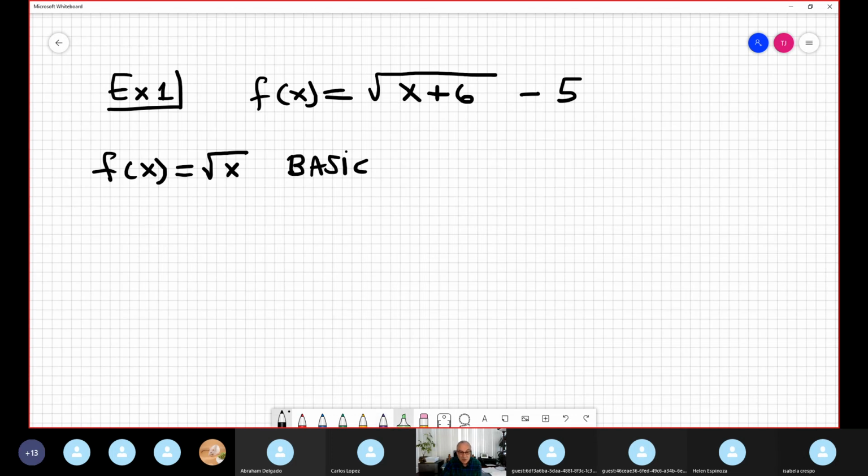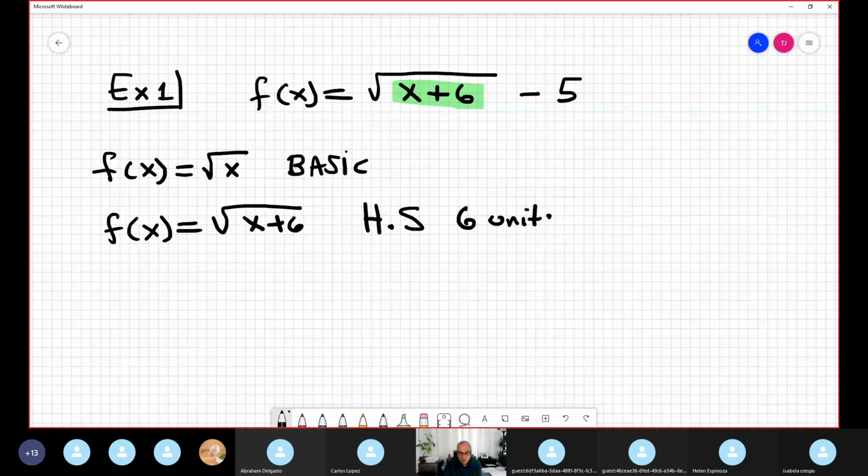The first operation I can see is this. Because when you plug in a number for x, the first operation you should do is add 6, no? So suppose I isolate this: square root of x plus 6. This is a horizontal shift, 6 units to the left.